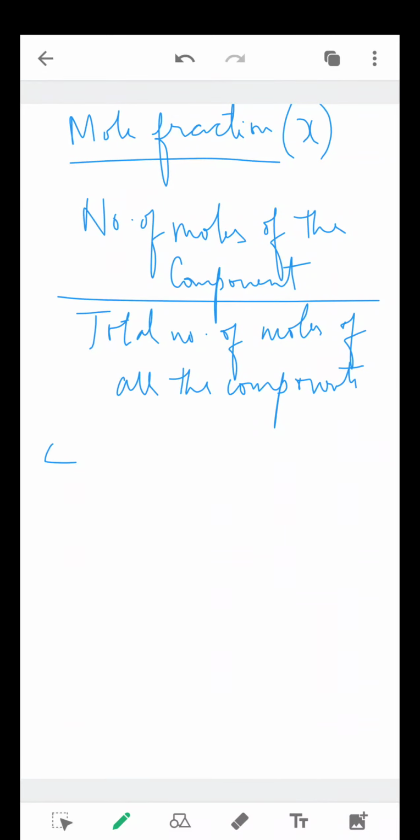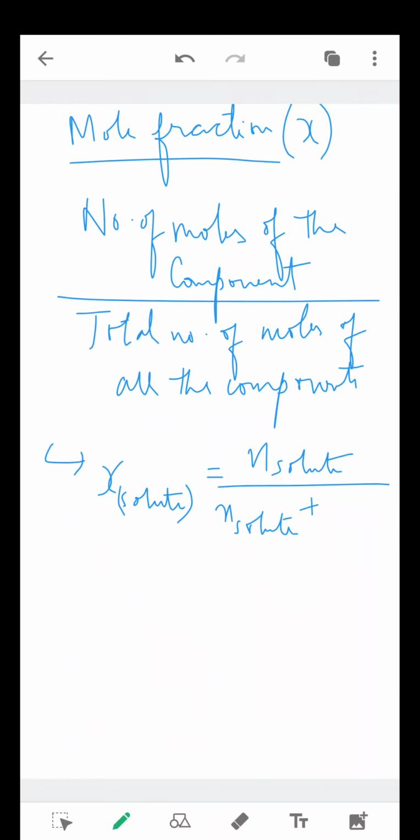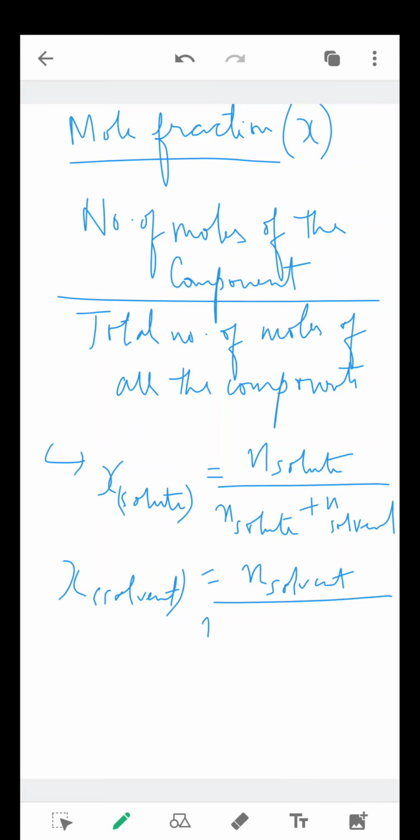So if you have to calculate the mole fraction of solute, you will calculate like this: mole fraction of solute is equal to number of moles of solute divided by number of moles of solute plus number of moles of solvent. Similarly, if you have to calculate the mole fraction of solvent, you will write it like this: mole fraction of solvent is number of moles of solvent divided by number of moles of solute plus number of moles of solvent.